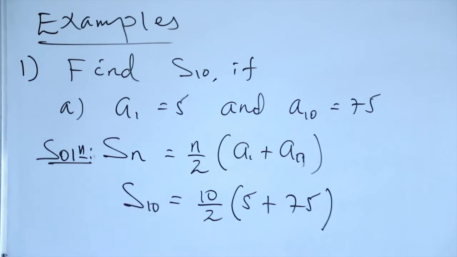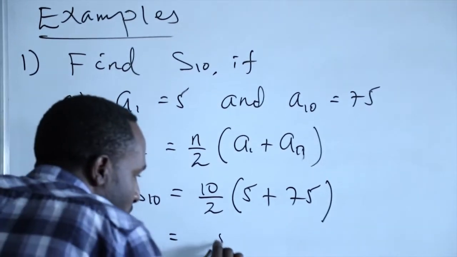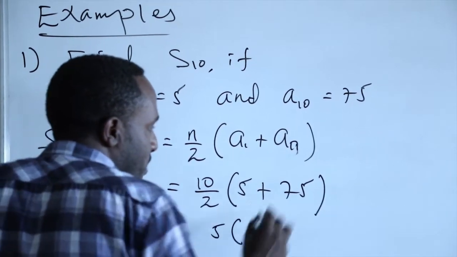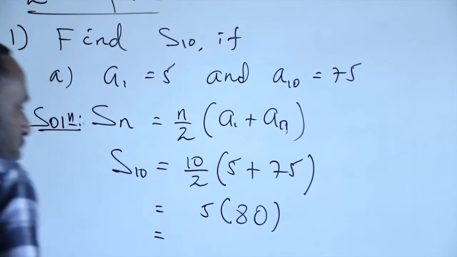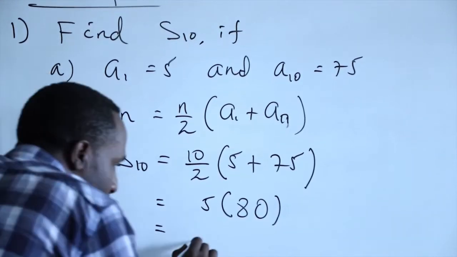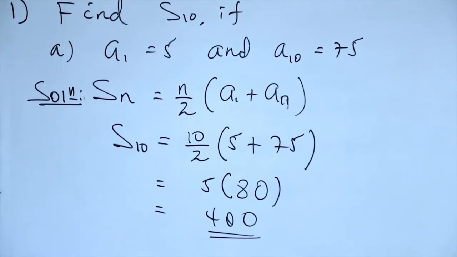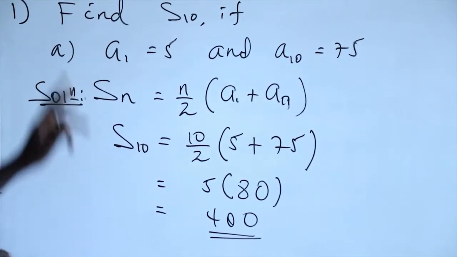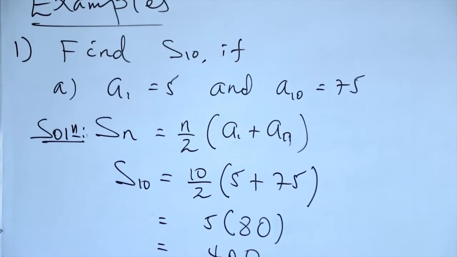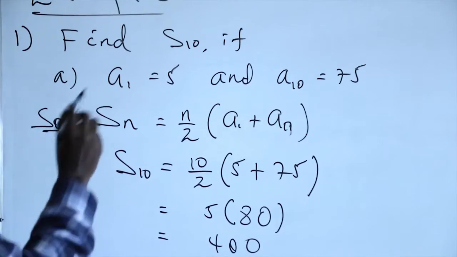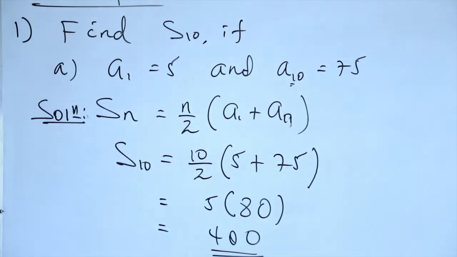So we can simplify this. It equals 10 over 2, which is 5, into 5 plus 75, which is 80. The product of 5 and 80 is 400. So for the sequence with first term 5 and 10th term 75, the sum S10 is 400.